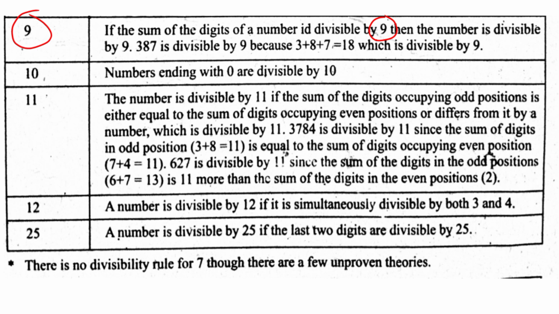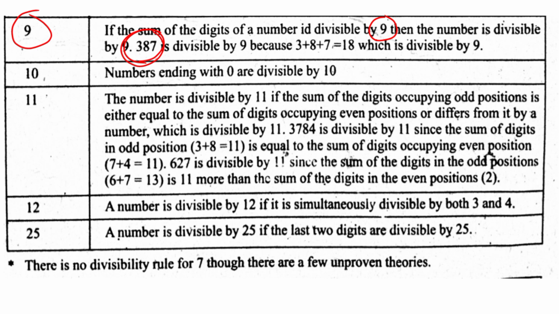If we add these numbers, 7 plus 8 is 15, plus 3 will become 18. So 18 is completely divisible by 9, so this number is divisible by 9.